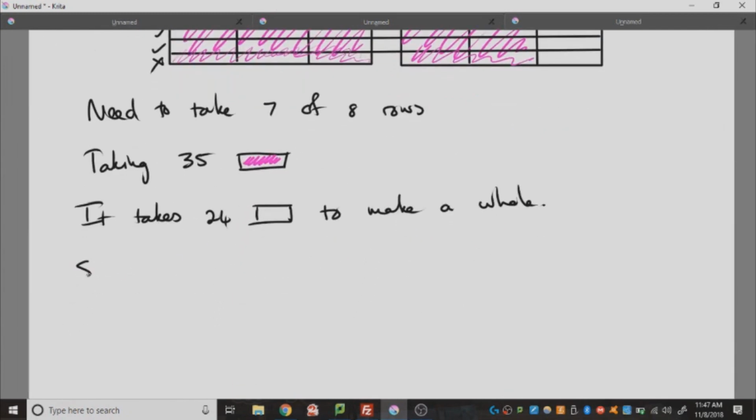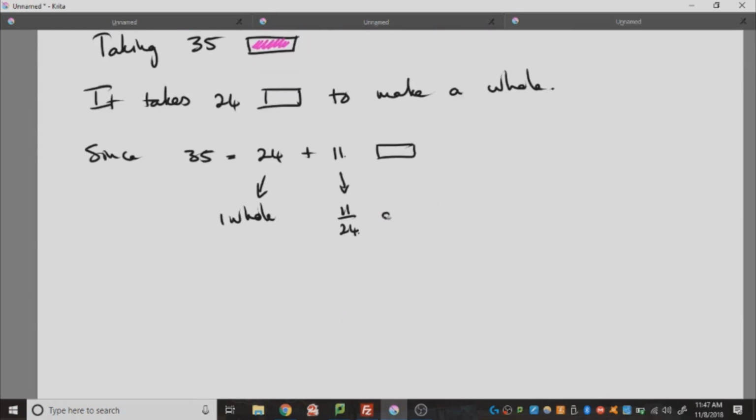So that means I can take my 35 and split it up into 24, and I'll have 11 left. This will be one whole, and this will be, really it's over there, 11 24ths of a whole.